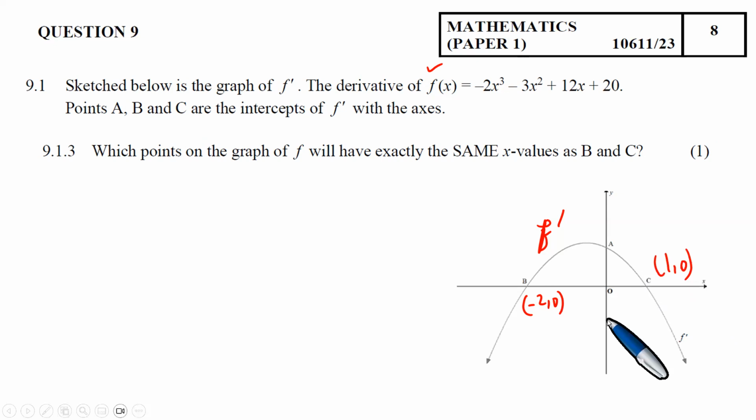Now we are asking about the x values here. Which points on the graph of f will have exactly the same x values as B and C?